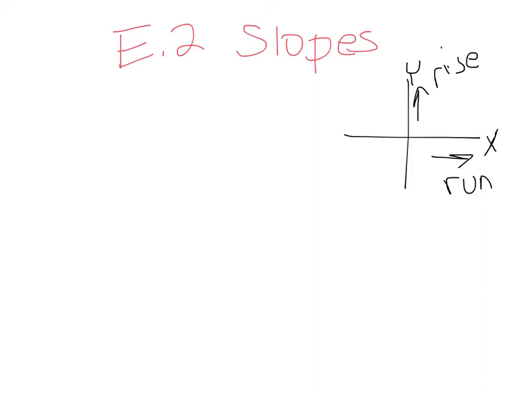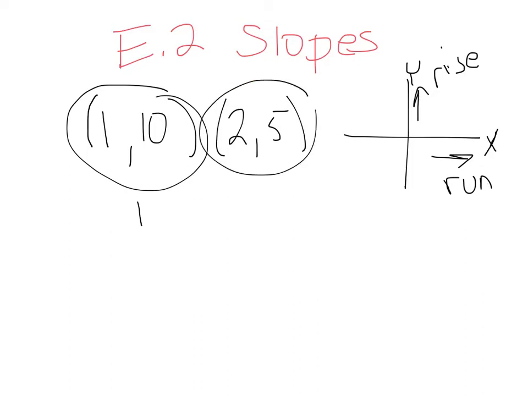So if we have 2 points, let's say 1 and 10, and 2 and 5. Let's just call this point 1 and that point 2. So this is x1 and y1, and this is x2, y2. Now, it doesn't matter whether you put the second one first and the first one second, you'll turn out with the same thing.